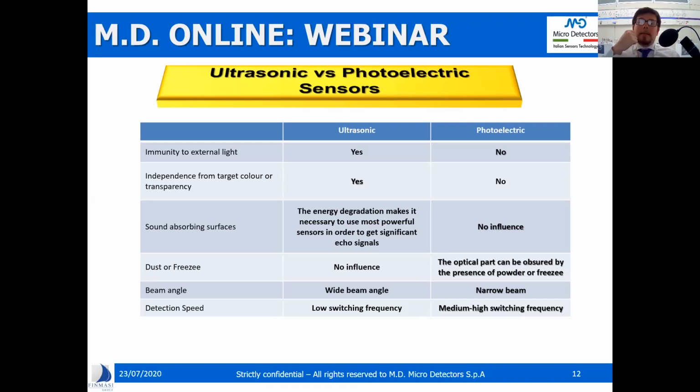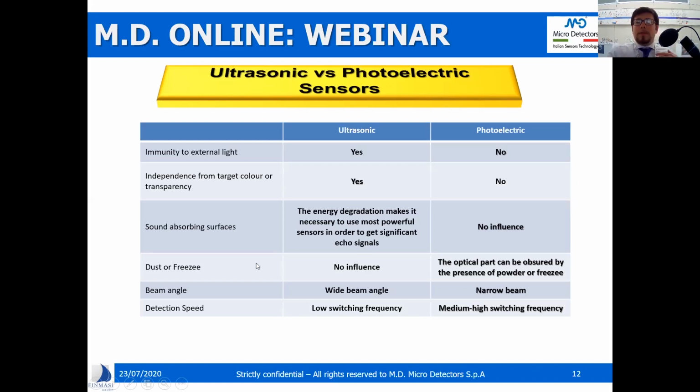We have seen that sound absorbing surfaces can create some problems with the ultrasonic sensor in terms of sensing distance reduction. On the other side, there is no influence of this factor on a photoelectric sensor.